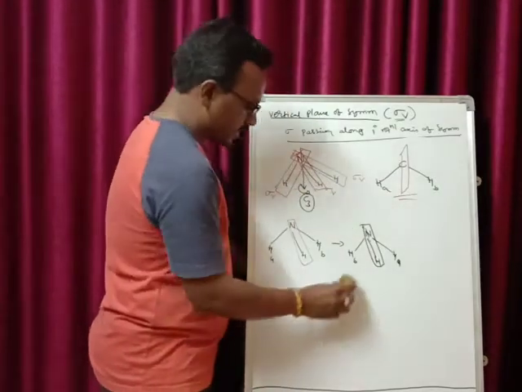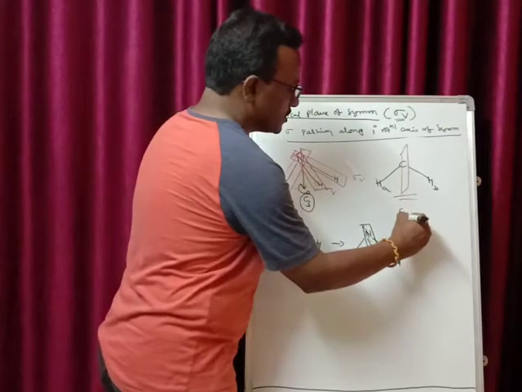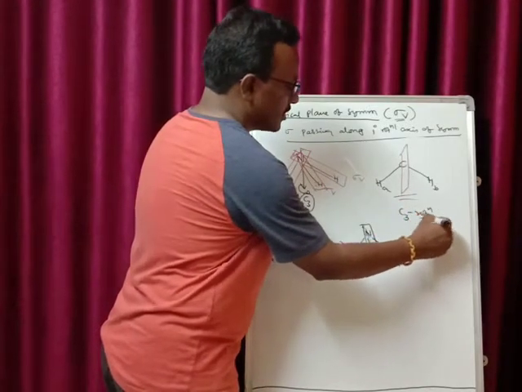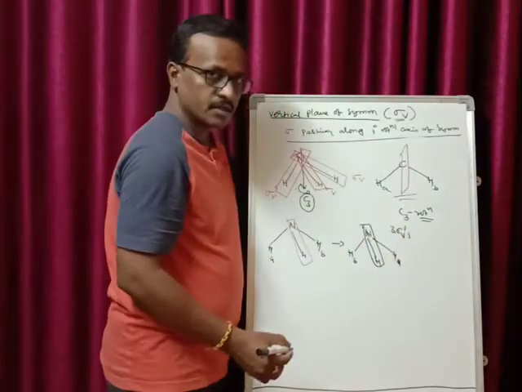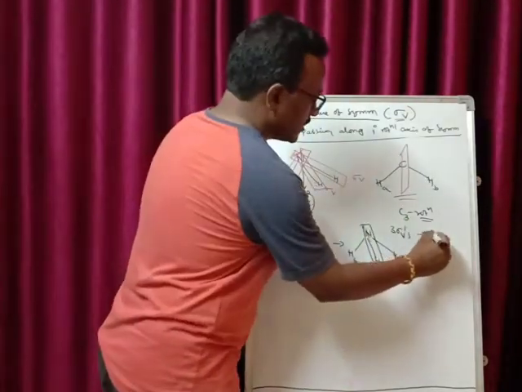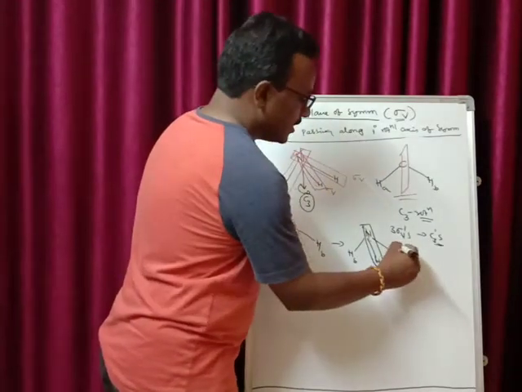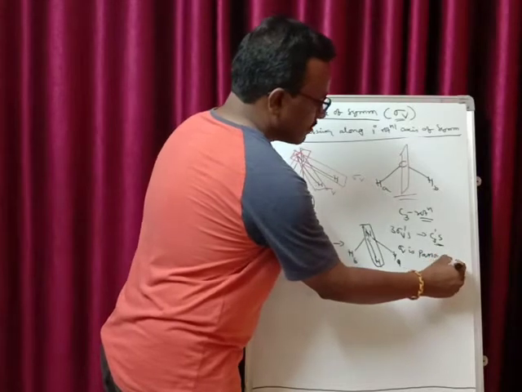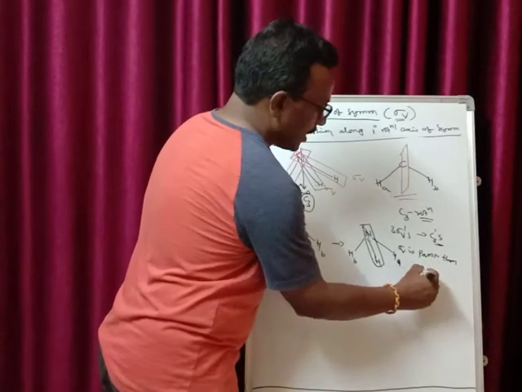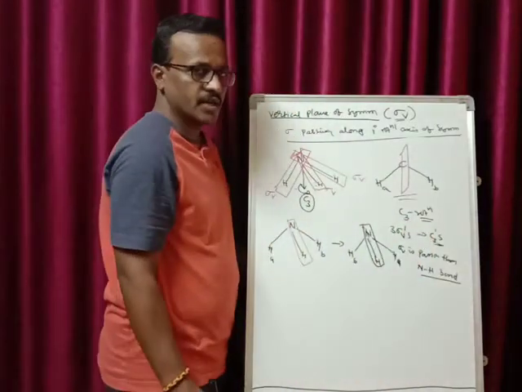Now, let us take the other example. In case of your ammonia molecule, ammonia has a C3 principal rotational axis of symmetry and the 3 sigma V's are passing along the C3 rotational axis of symmetry, and each sigma V is passing through an NH bond.